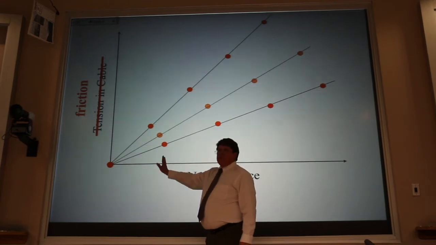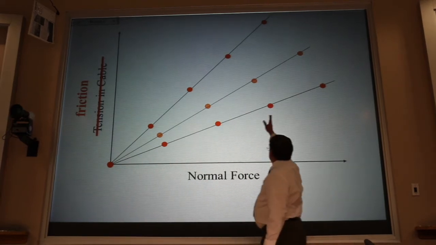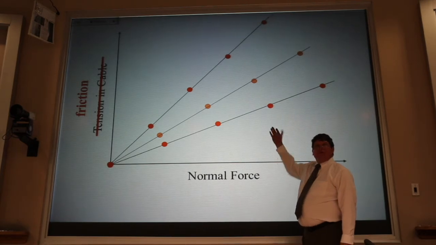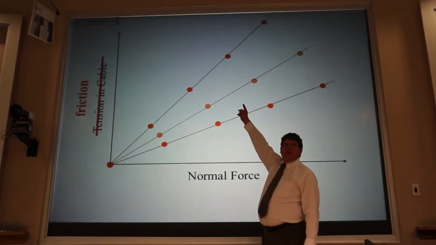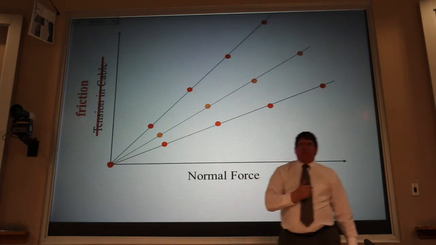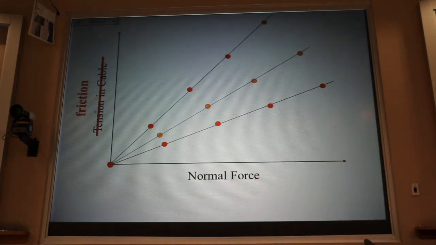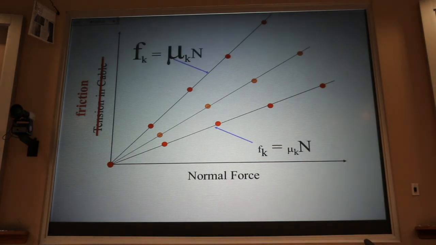Well, if this is the normal force with Jenny on there, and this is the normal force with Noah on there, with sandpaper on the bottom of the sled, I'd have a bigger friction force. So this one is a small coefficient of kinetic friction, a small slope, and that's smooth surfaces. This one has a large slope, a large coefficient of kinetic friction, and that's the rough surface with the sandpaper.